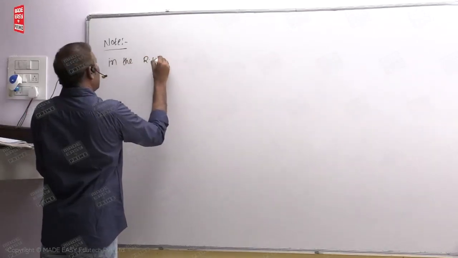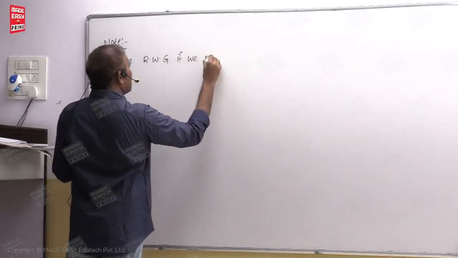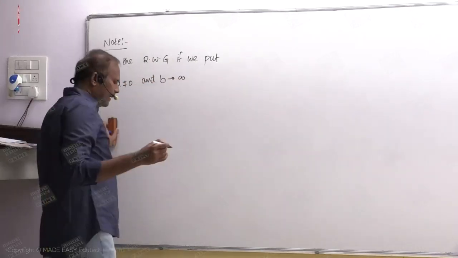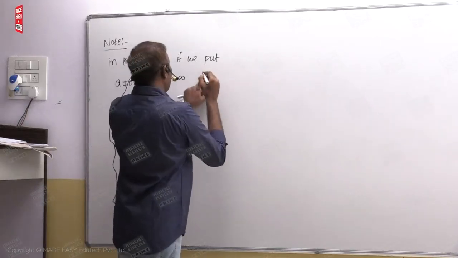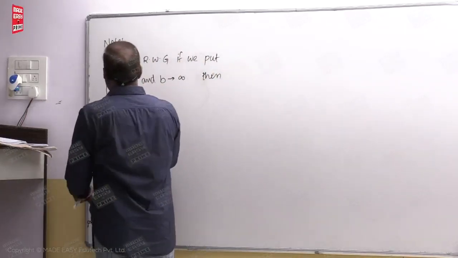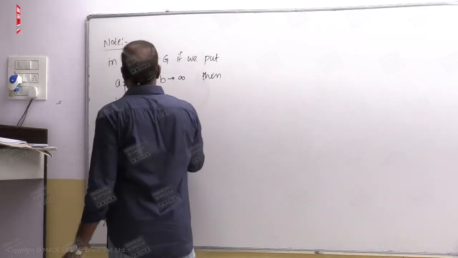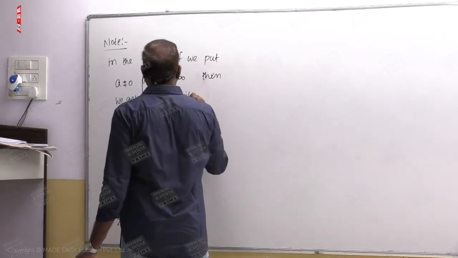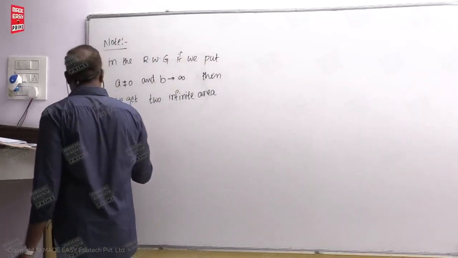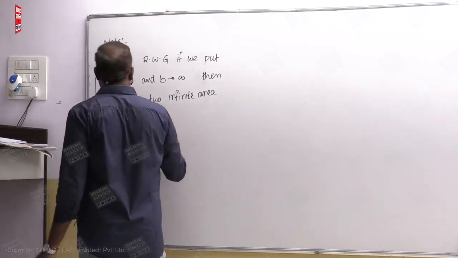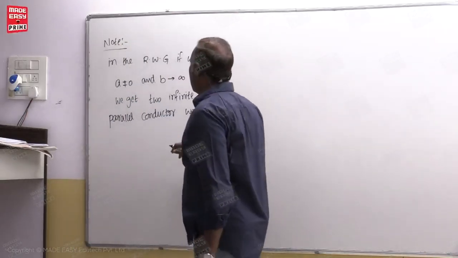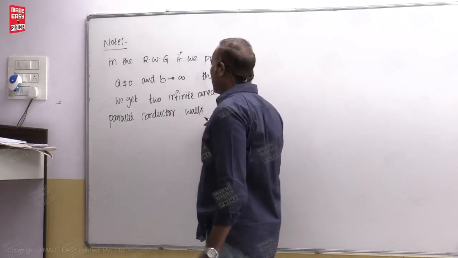In the rectangular waveguide, if we put A not equal to 0 and B tends to infinity, then we get two infinite area parallel conductor walls.